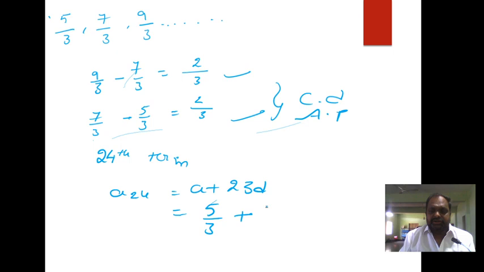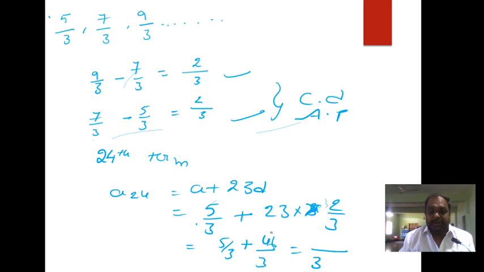That means 5 by 3 plus 46 by 3. That is equal to, the LCM is the same, so two fractions having the same denominator. In between the two fractions there is a plus, just keep the denominator value. That means instead of two 3s you take 3 as LCM and add the numerators simply: 46 plus 5. What is the value? 51.